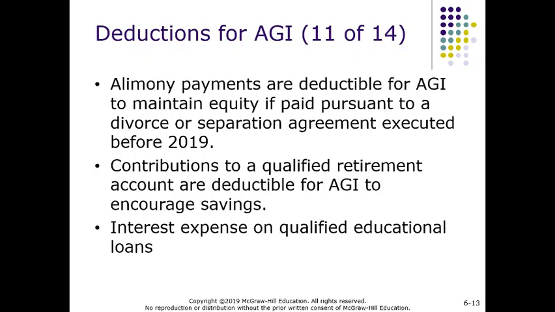However, that $2,500 is subject to a dollar for dollar reduction, depending on their filing status, if their modified AGI is above a certain amount based upon filing status. And so if you look at Exhibit 6-4, it tells you what the filing status is.